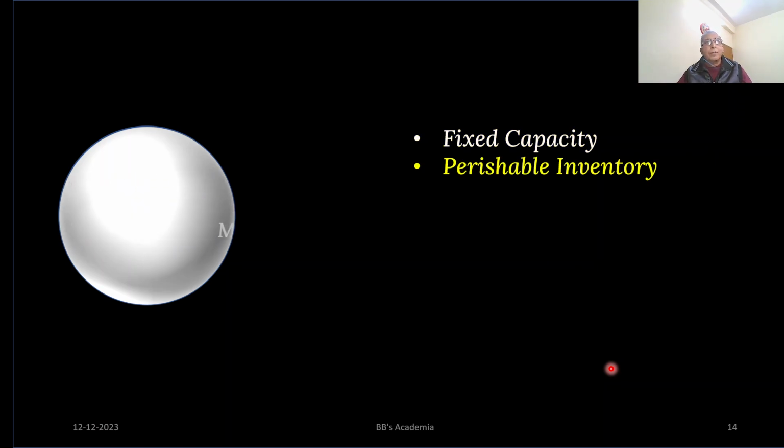Perishable inventory. What is perishable inventory? You have only one day in your hand. If you cannot sell your room today, tomorrow you cannot sell the same room, because it is lost. You have lost the business for the day. If you go to a shop that sells bikes and cars, and not all the cars are sold today, never mind, tomorrow they will sell the same car.